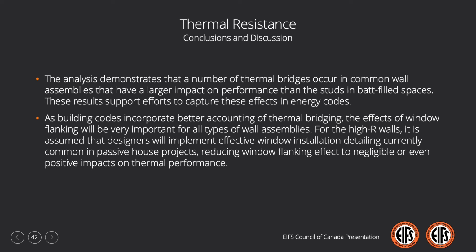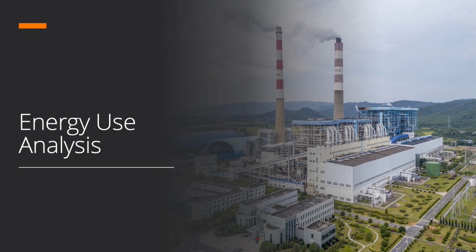For the high R walls, it's assumed that designers would implement effective insulation detailing, and we can find examples of this sort of detailing in Passive House projects, where the effects of window flanking are reduced to negligible through highly insulated returns. So with thermal performance in hand, we can now look at energy use.